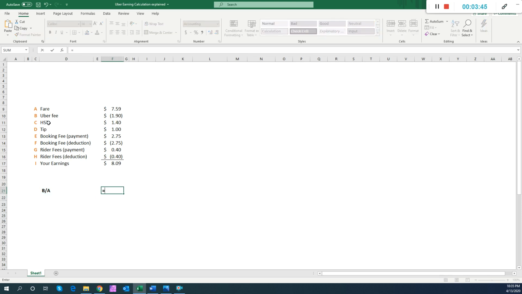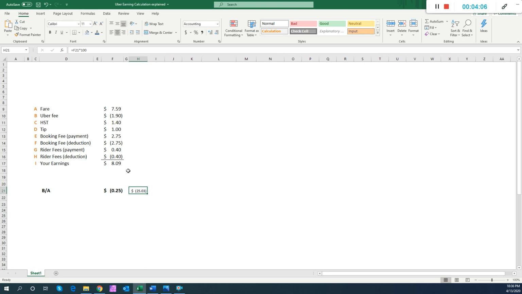If I take the amount B divided by A, times 100, this is 25%. So this is a very standard fee that Uber charges on every fare that you earn.